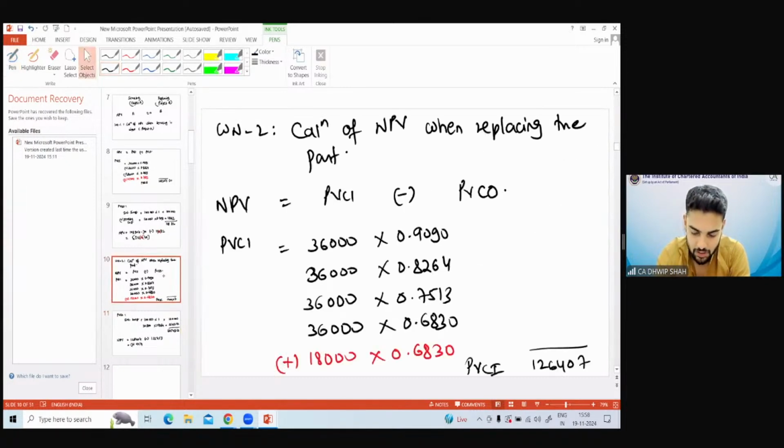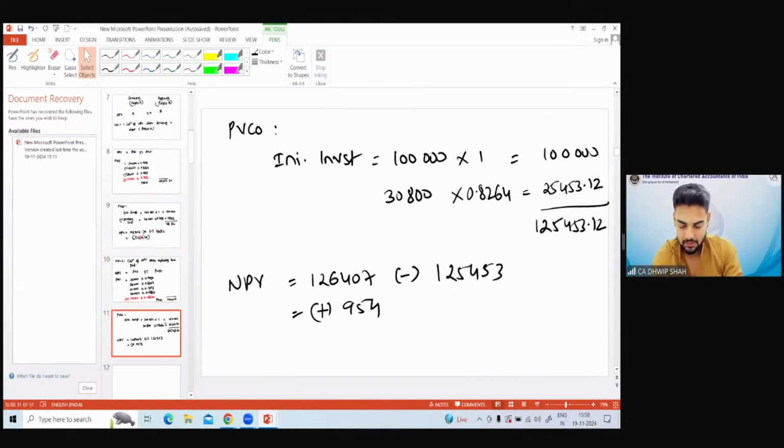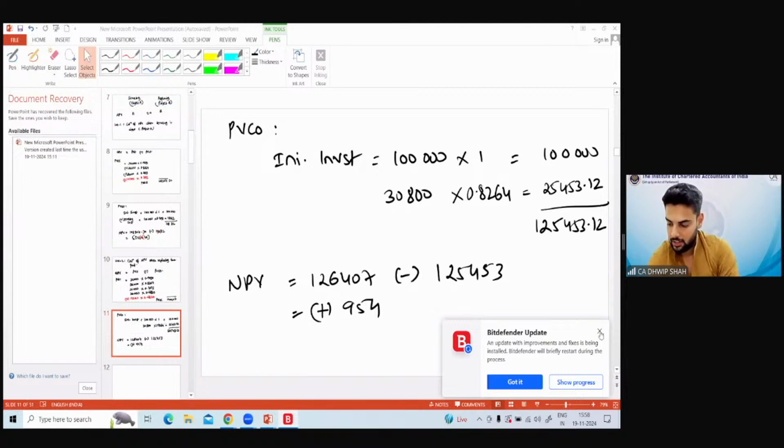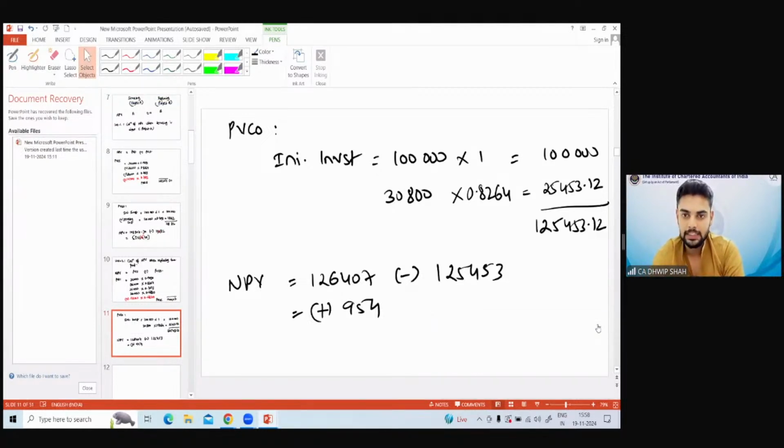Yes, that is also okay. 54,000 is 36 plus 18. That is also correct. The answer would be the same. So my NPV when replacing the part is 954. So option B, the company should go for replacing the part rather than servicing.